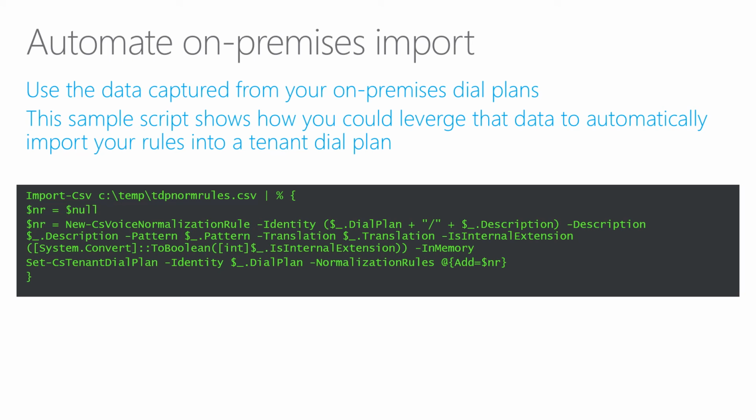You can then use this CSV file and the script shown on the screen here to automatically import the rules from the CSV file into your online dial plan. We won't go into this in much more depth, as we consider this to be a slightly more advanced topic, but we wanted to give you an example of what was possible.